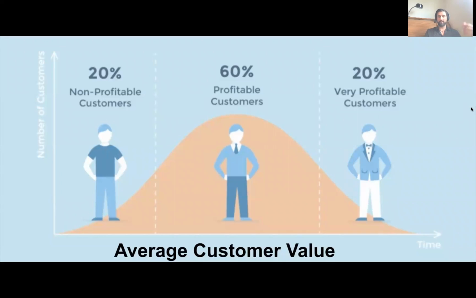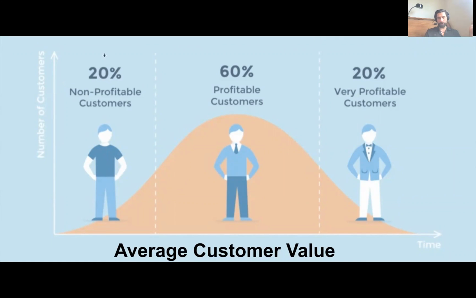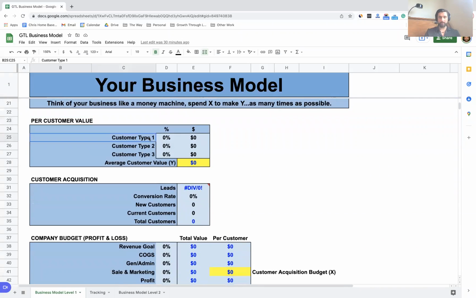So first, we're going to look at our per customer value. The easiest way to think of per customer value is just like a bell curve, right? You have not so profitable customers, you have really profitable customers, and then you have everyone in between. So we're just going to do a straight bell curve, 20, 60, 20. When we look at building out this model, we're going to do it just like that. Let's look at customer type 1. 20% of our customers are customer type 1. These customers are worth $1,000 to us.